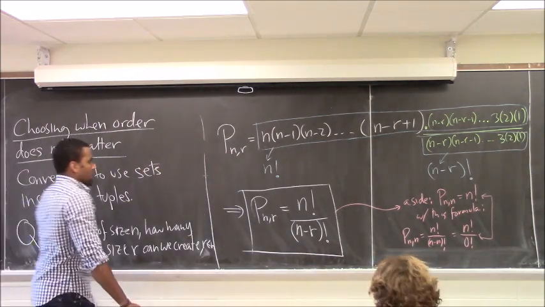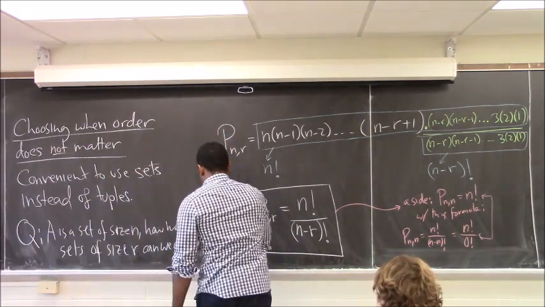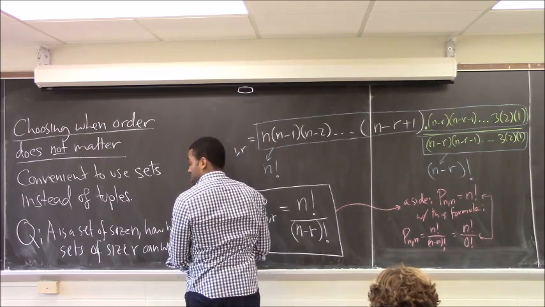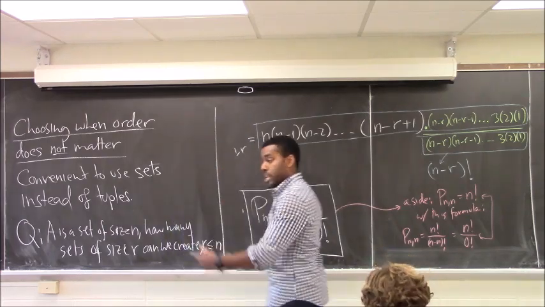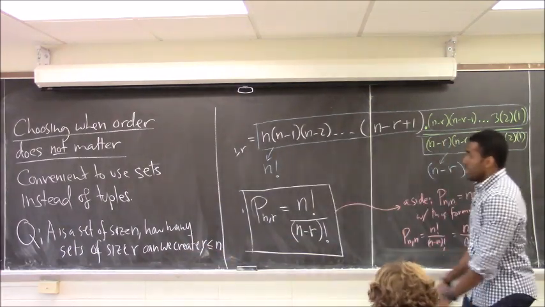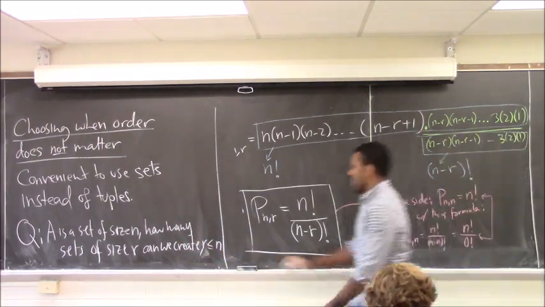Okay. So I can ask the question, for example, if I have a set with 6 things in it, and I want to create sets with 3 things in them that I'm picking from that set of 6, how many possible 3-element sets could I create?